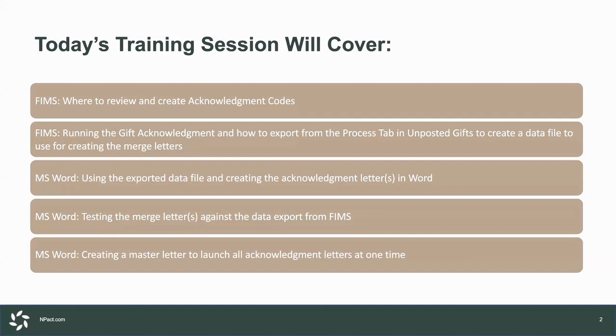That's part of step one. We are also going to test all of those individual merge templates to make sure they work before we create our master template. And then the last piece is to create the master template. So those are all of the things that we're going to cover in today's session.